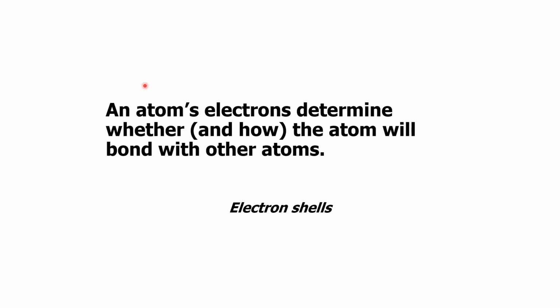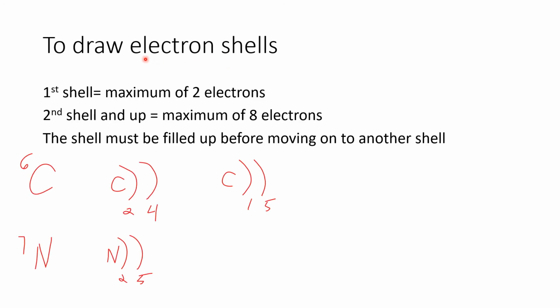Now, as we know, each atom has protons, neutrons, and electrons. Depending upon how many electrons each atom is carrying, that's what determines whether an atom is going to bind with other atoms or stay on its own and not bind with any other atoms. To draw the electrons surrounding the nucleus of an element, we must follow 3 rules.